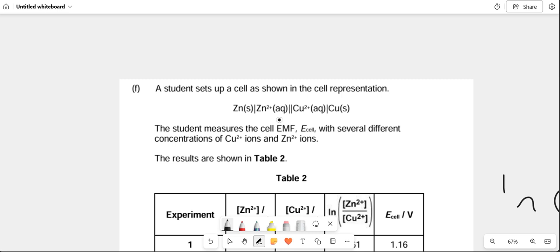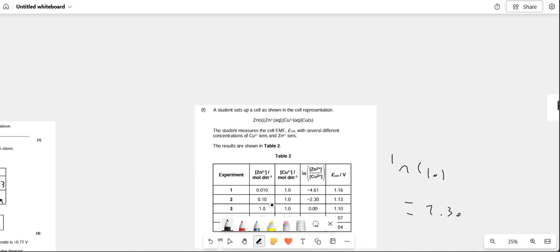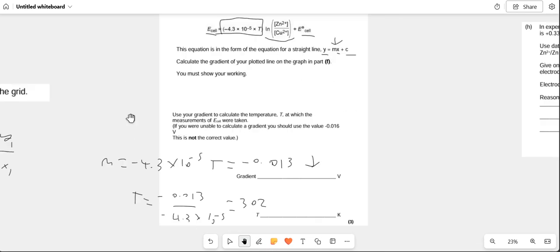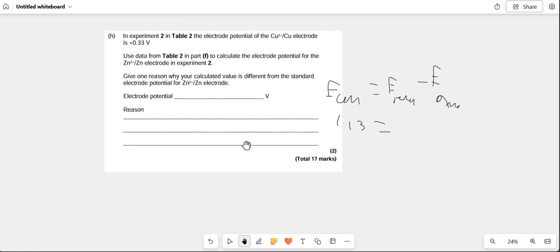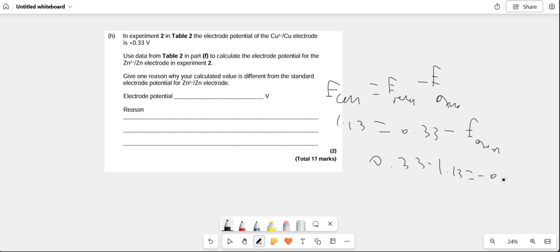So Cu2+ is turning to Cu, whereas Zn is turning to Zn2+. So the copper one is 0.33, not 0.34. That's the one that's reduced. 0.33 minus E oxidized. So take that to that side, take away 1.13, and so you get 0.33 minus 1.13, which is minus 0.8 volts. So that's the electrical potential, minus 0.8.